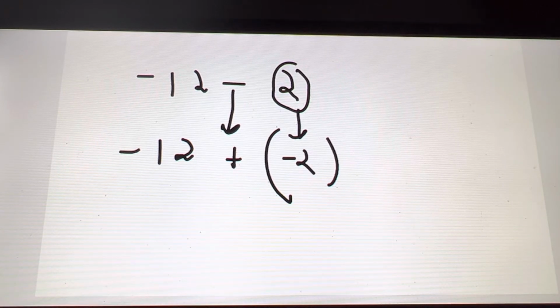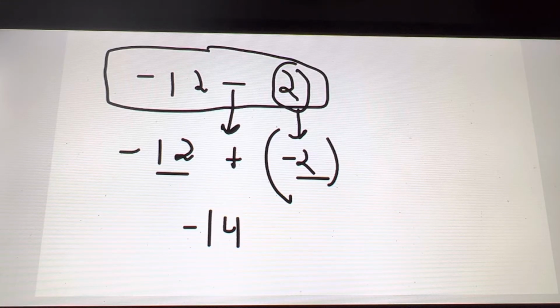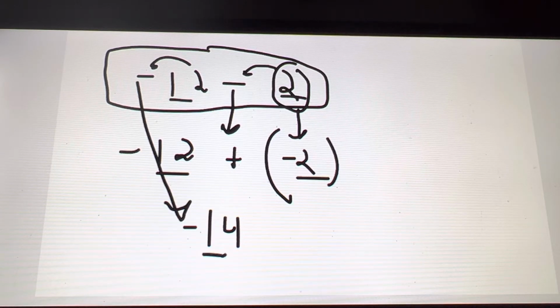Now notice I have two negatives, so that's when the answer stays negative, and you add their values. And you can really do it from here too if you get used to these, because it looks like they're both negative here too. Think of that as adding two negatives. They're both negative, so the answer stays negative, and then I add their values, 14. So either way you want to do it, the answer is negative 14.